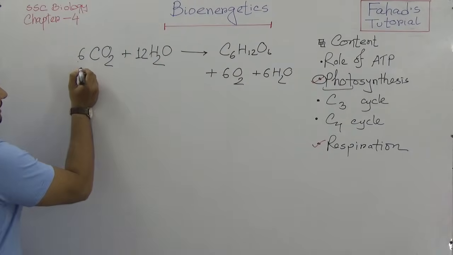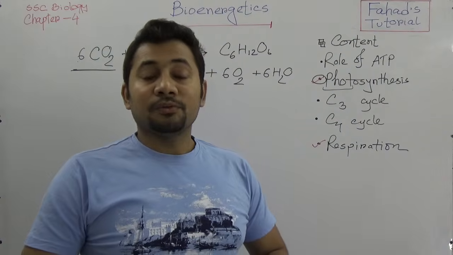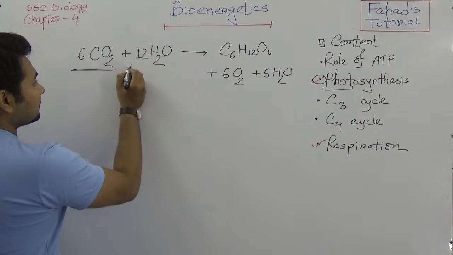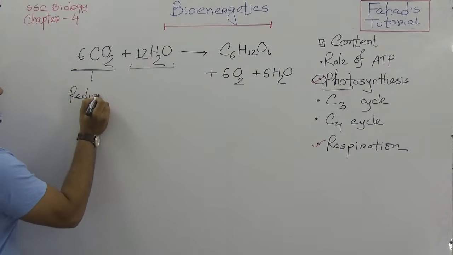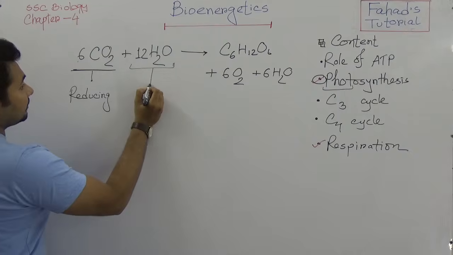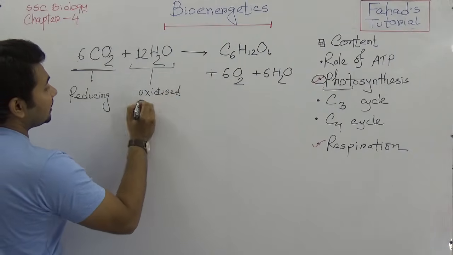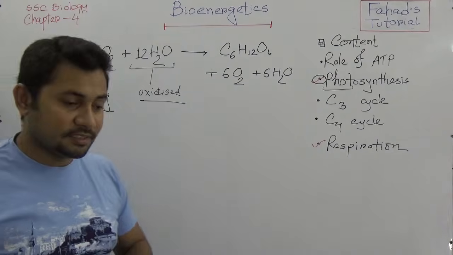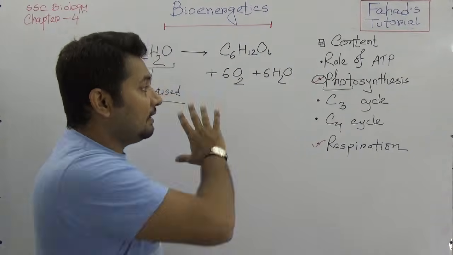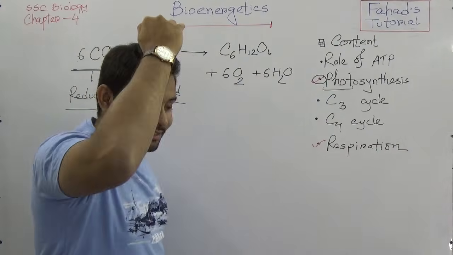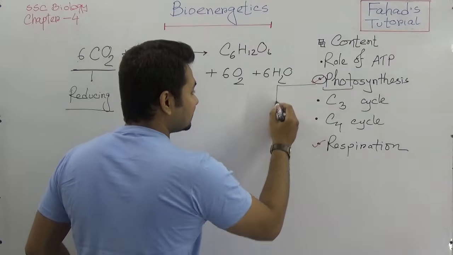But the main thing is that here you see carbon dioxide is reacting with water. So in this process, carbon dioxide is reduced, this is very important, and water is oxidized. You must remember that in photosynthesis, carbon dioxide reduction is going on. How it's going on, I will explain later, because it has two steps. Photosynthesis has two steps.